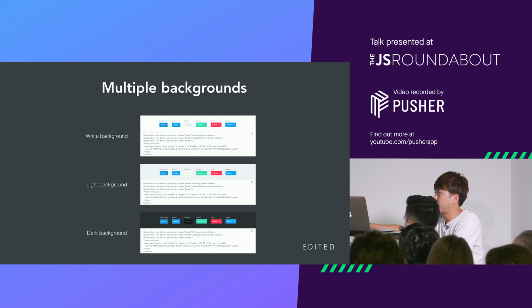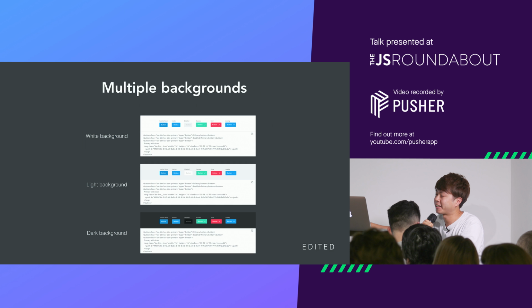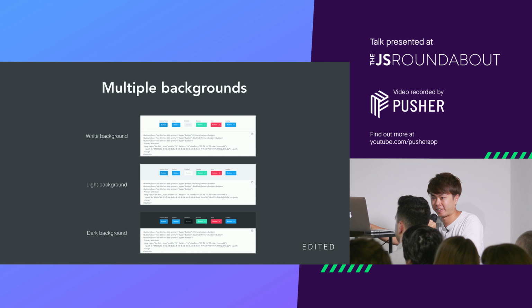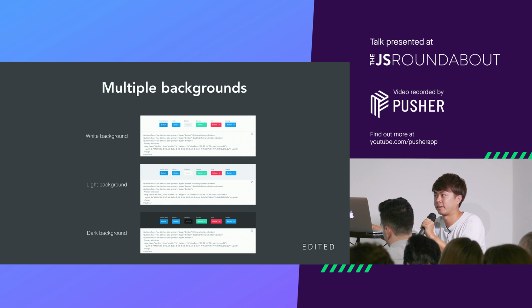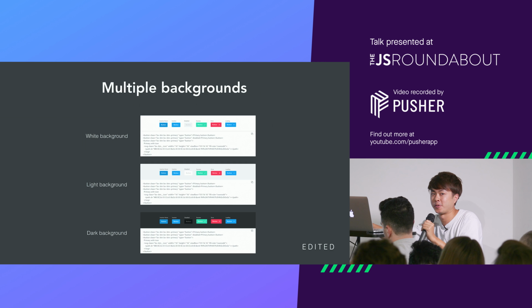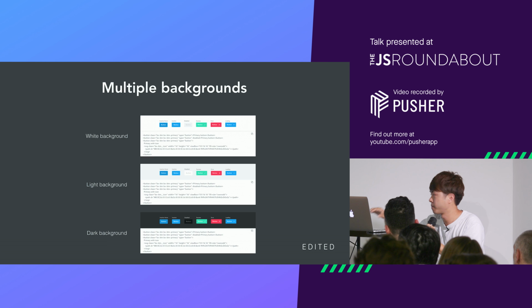And one thing that we find quite interesting is that we use three backgrounds. We basically create all the components based on three background colors, which are white background and dark backgrounds, basically to cater for future use. Because these three colors are the only background colors that we are using.